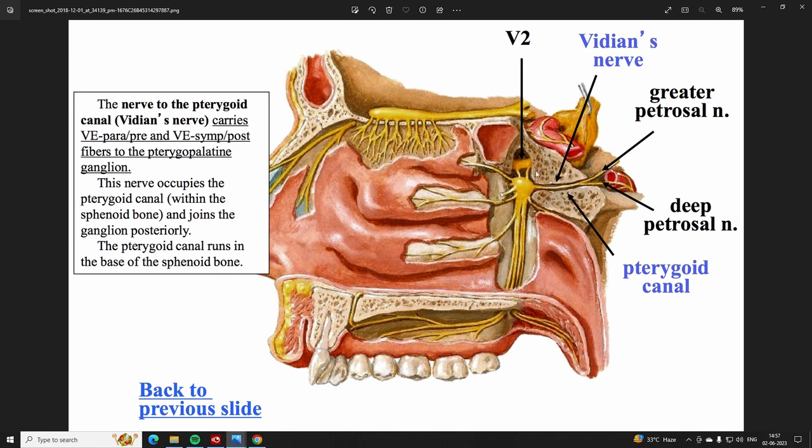Now we can see this nerve. There's a maxillary nerve which is coming through the foramen rotundum. We can see here the trigeminal ganglion dividing into upper, middle, and lower: V1, V2, V3.